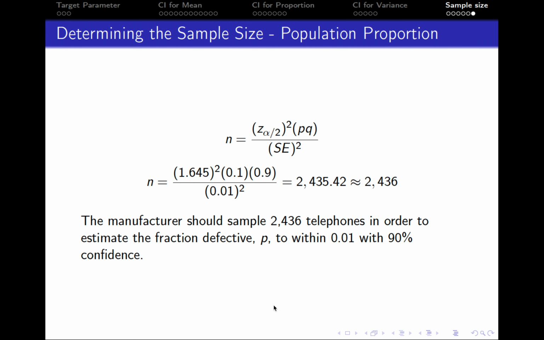And after we put everything into the equation for the sample size, we get the value of 2,435.42, which we can approximately say is equal to 2,436. Therefore, the conclusion is the manufacturer should sample 2,436 telephones in order to estimate the fraction defective to within 0.01 with 90% confidence.